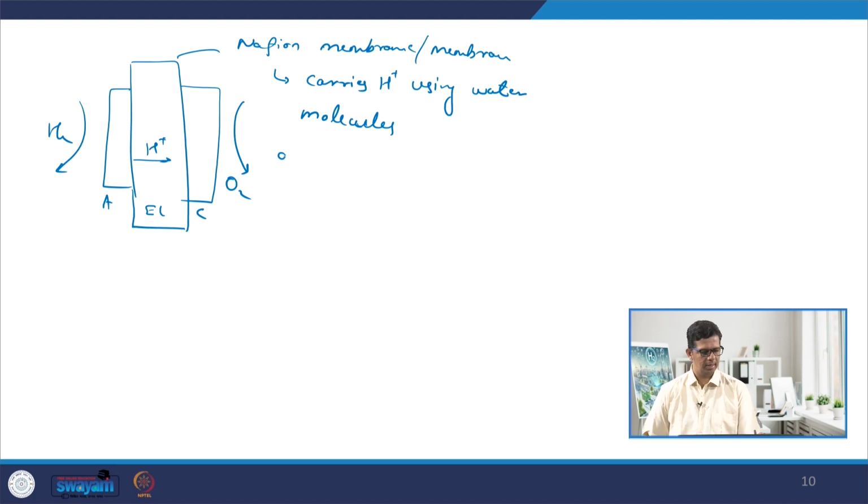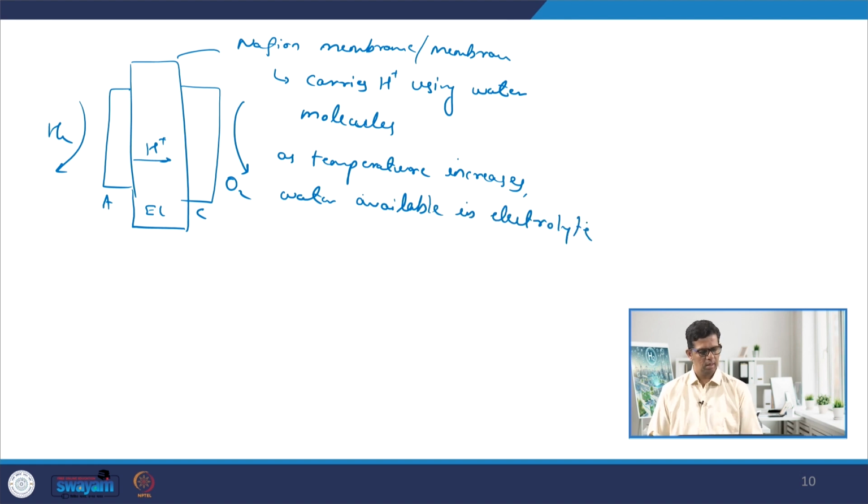So, what happens is, as the temperature increases, please remember that we are now not paying attention to the heat that is released, and that is why the temperature of the stack here is increasing. As the temperature is increasing, the water that is available in the electrolyte or the membrane starts evaporating, and in other words, the electrolyte starts losing the water content.